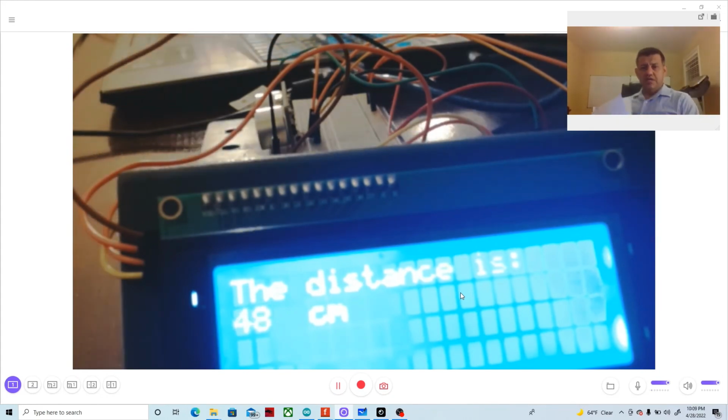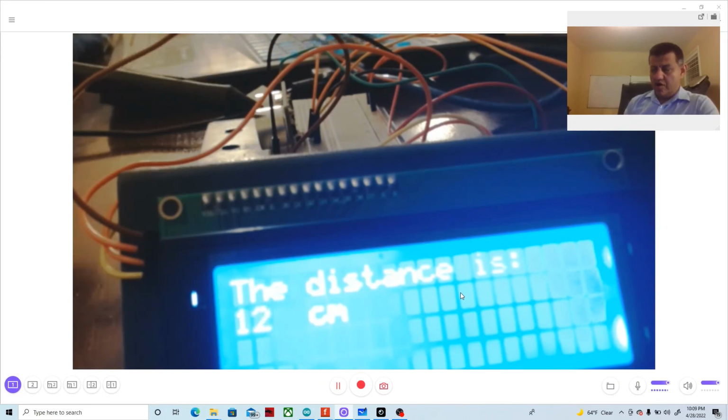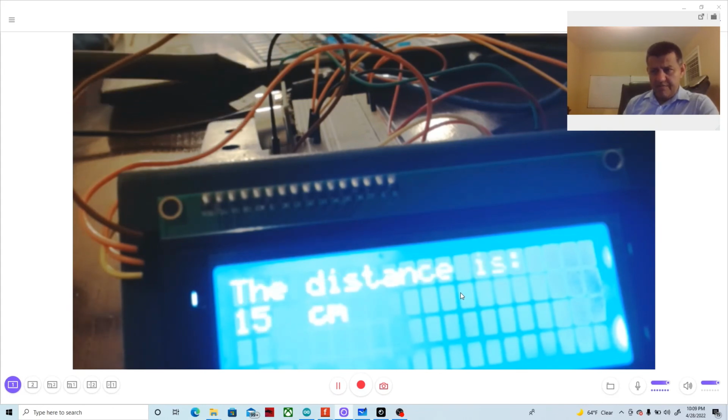These are the little things in the sensor. One of them is receiving the signal, and the other one is transmitting, it's bouncing back.